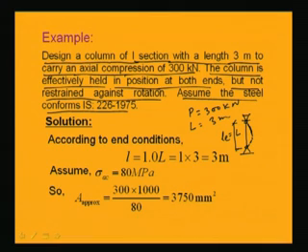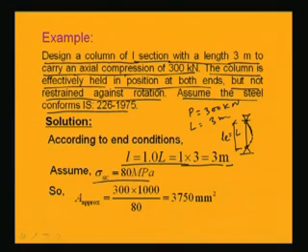So, when we go for the solution, we will first find out the effective length. In this case the effective length L is equal to 1.0 into L, that is 1 into 3, that is 3 meter. Then let us assume some allowable compressive stress in the member. So, we are assuming 80 MPa, let us see what happens.